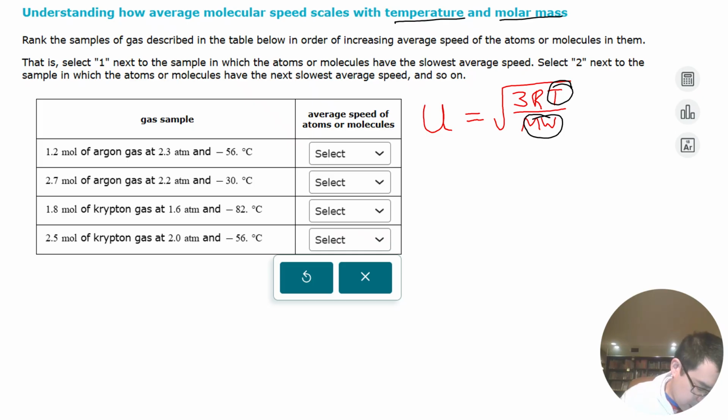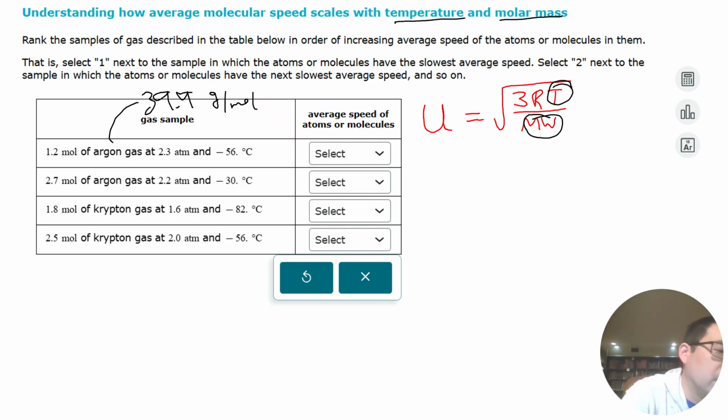The molar mass of argon is, I knew it, but I forgot it, I'm looking it up now, 39.9 AMU, or grams per mole. And krypton is bigger than that.